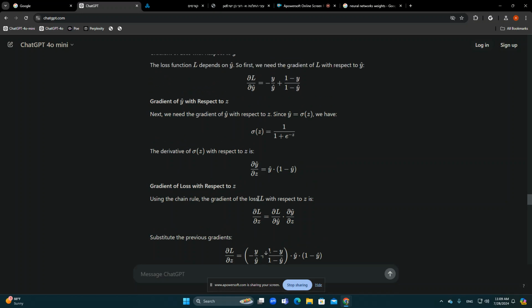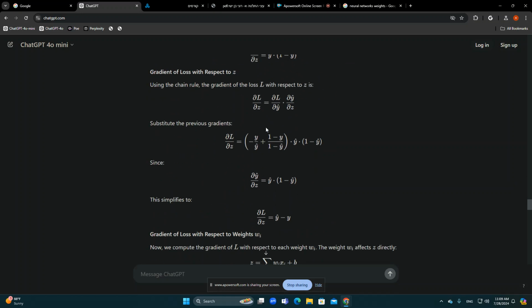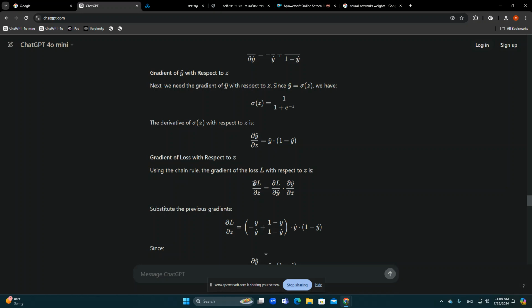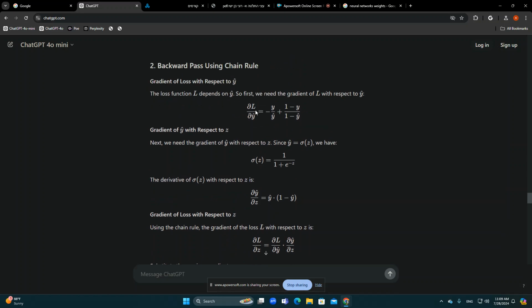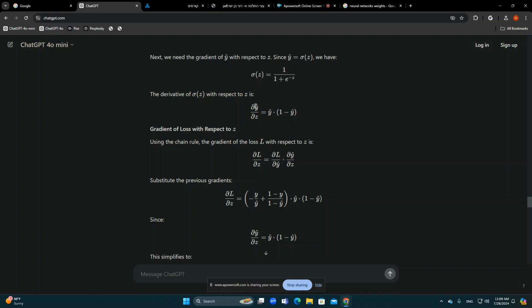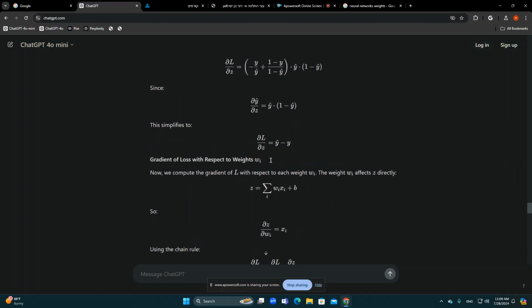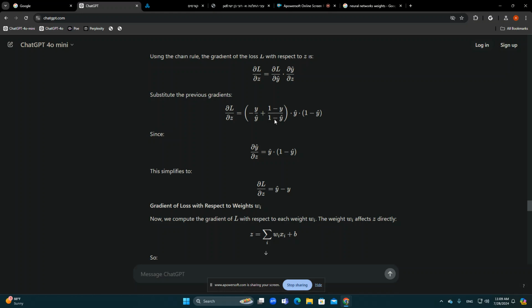The derivative of L with respect to z is the derivative of L with respect to y hat times the derivative of y hat with respect to z. We're still not at the derivative of L with respect to wi, which we want, but applying the values we calculated, this is the result. So calculating this, we get that one.